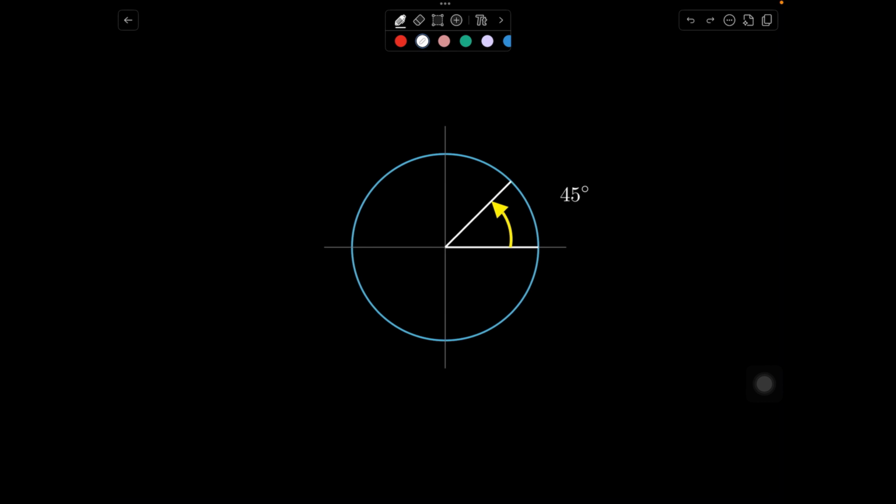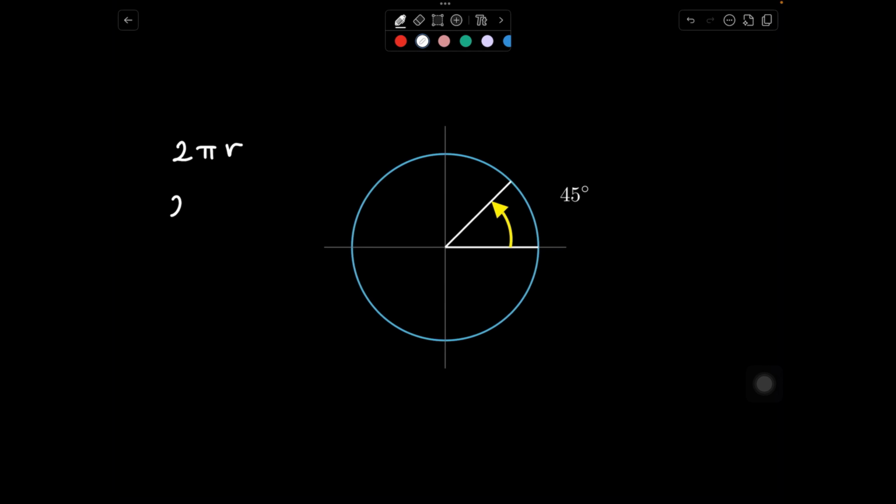Now I'll show you how to work out radians. Since radians are the distance of the perimeter of the circle that the angle covers, let's start with 360 degrees, which would be the entire circle. So how do you find the perimeter or the circumference of a circle? Well, that's going to be equal to 2 pi r. Now we know that our radius is 1 because this is the unit circle.